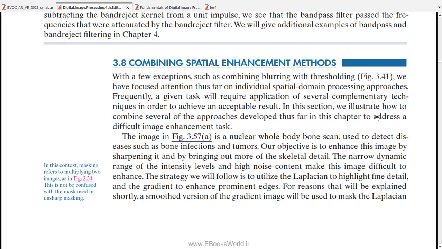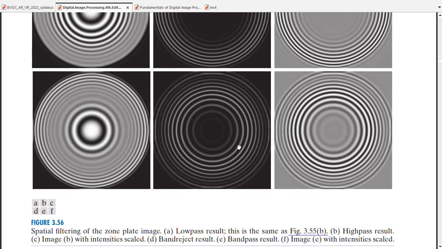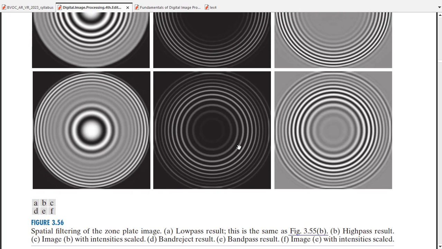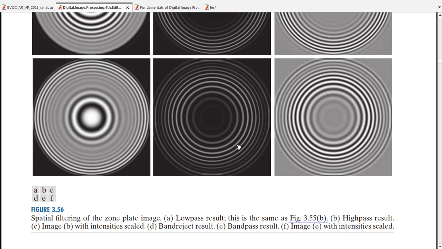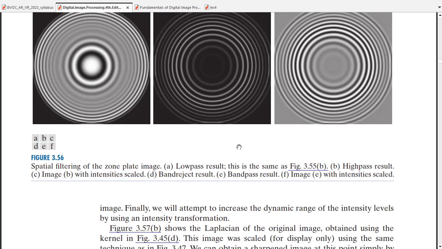In spatial filtering, the low pass filter result is the same as the high pass filter result in continuity. So there is band reject, band pass, and finally the image with intensity scaling. We can also apply the image transformations along with the Laplacian sharpening and then Sobel.